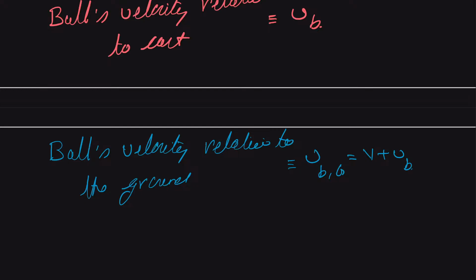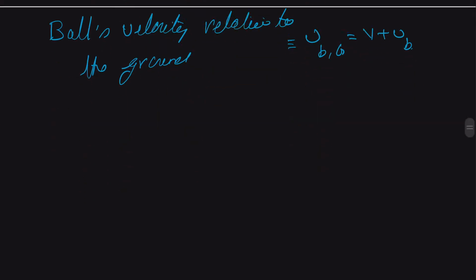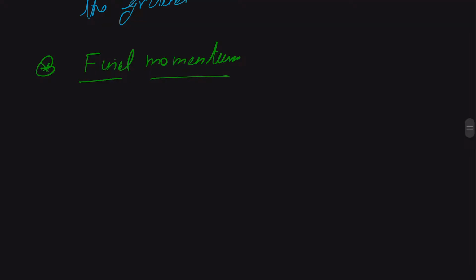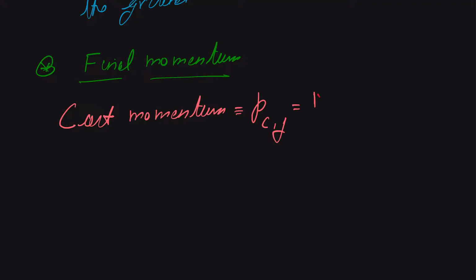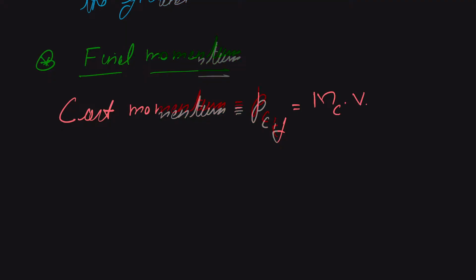Now we can easily find out the respective momentum, cart momentum as well as ball momentum, because we already know their final velocities. So now we come to the final momentum. First we are going to calculate the cart's momentum, let us call this PC final, which is equal to its mass multiplied by velocity.